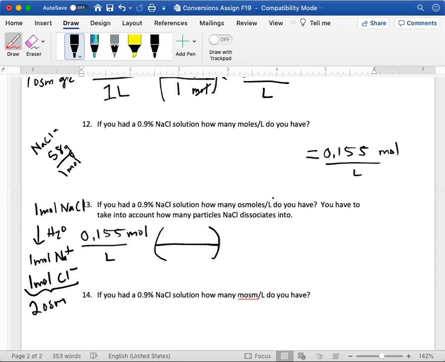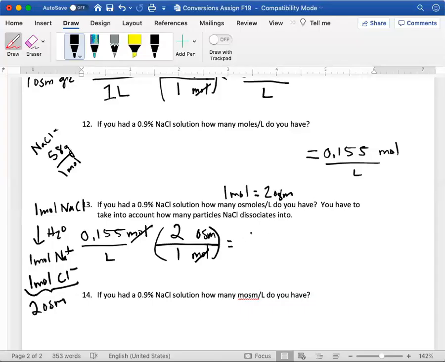Okay, so for NaCl, it's a 1 mole to 2 osmole ratio, right? This you have to memorize. So moles goes on the bottom and osmoles goes on the top. So 1 mole gives you 2 osmoles, right? Then cancel out your units.